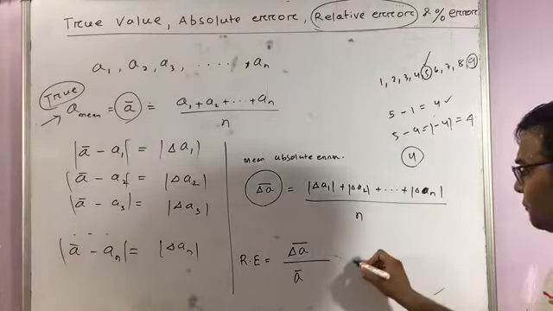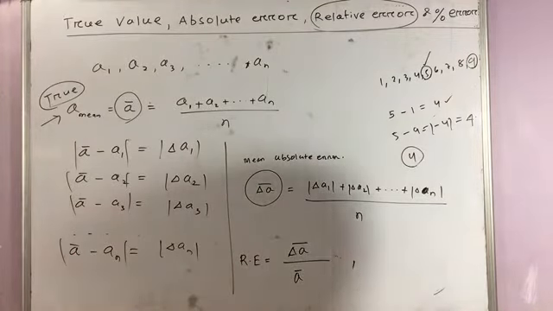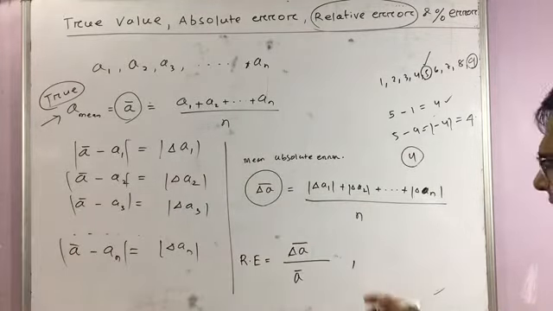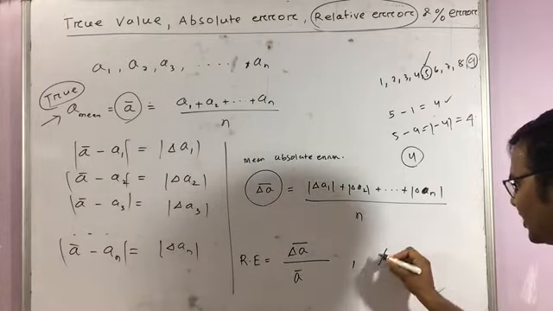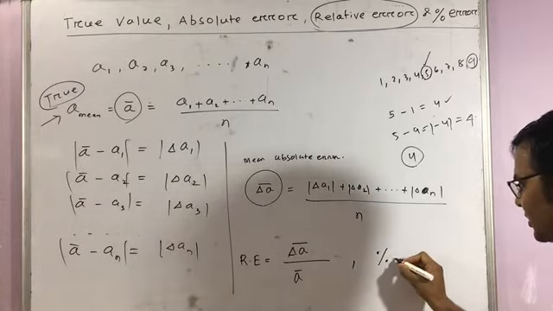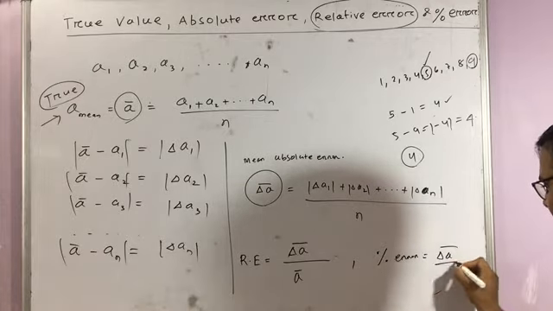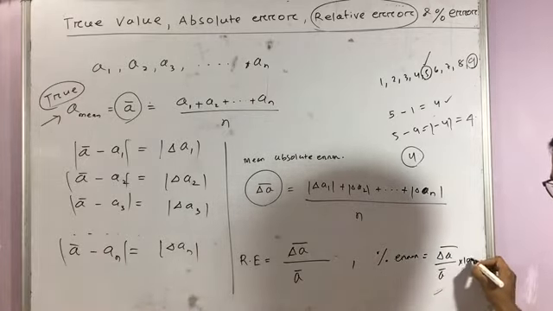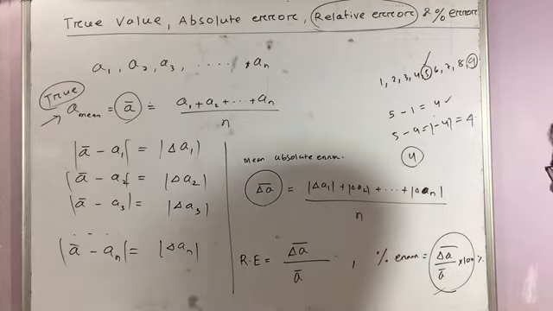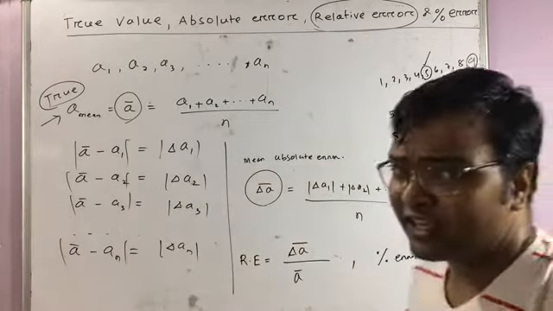And if you multiply by 100, if you convert it to percentage, then that is called your percentage error. Percentage error will be delta a bar by a bar into 100 percent.